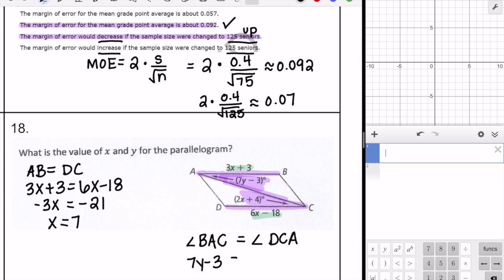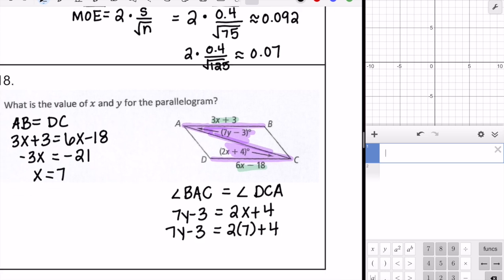Well, I didn't find what y is, but I did find the DCA, which is 2x plus 4. So I know that my x is 7, so we're going to say 2 times 7 plus 4. And we should get 14 plus 4 is 18. And I can finish solving for y now. So I can add the 3 over, so 7y equals 21, and y equals 3.